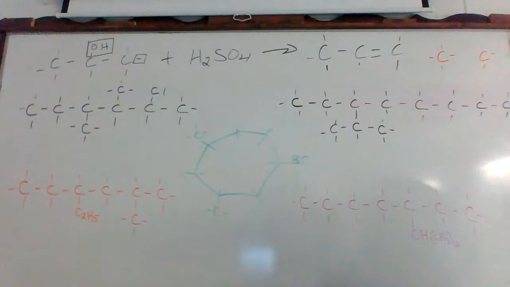Now, alphabetize these groups when there are 2 or more different types of groups. Ignore all prefixes like secondary, that's what s is, and t for tertiary. The same thing would be di and tri. You would also ignore those in alphabetizing, with one exception, and that is if it's iso.